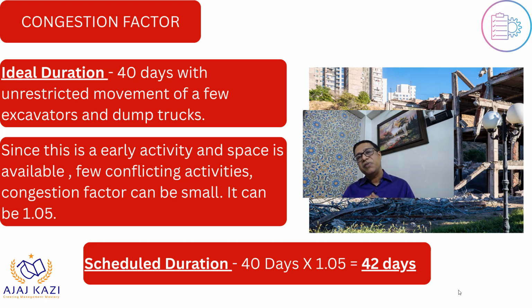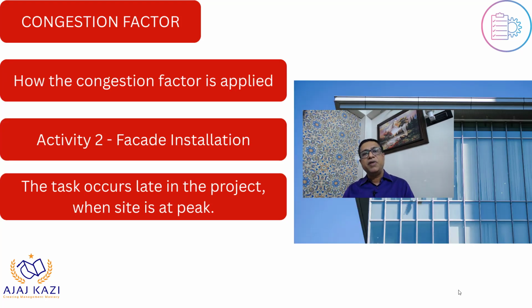So the congestion factor for such work can be small. It can be as low as 1.05. So you can apply this 1.05 to the ideal duration and you get the real schedule duration, that is 42 days, 40 into 1.05. So that is how the congestion factor is applied.